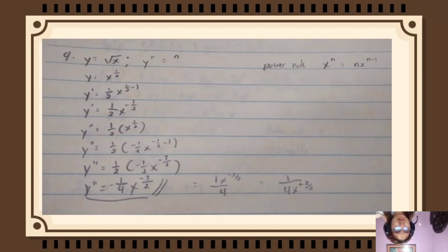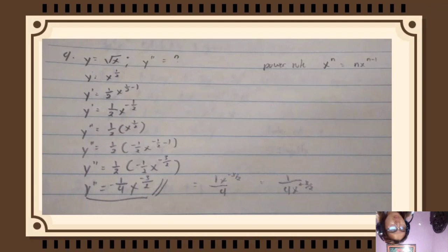So, negative 1/2 x raised to negative 3/2. Ngayon, ito times natin to. Negative 1/2 times 1/2 is equal to negative 1/4. So, negative 1/4 x raised to negative 3/2. So, ito na yung second derivative niya.